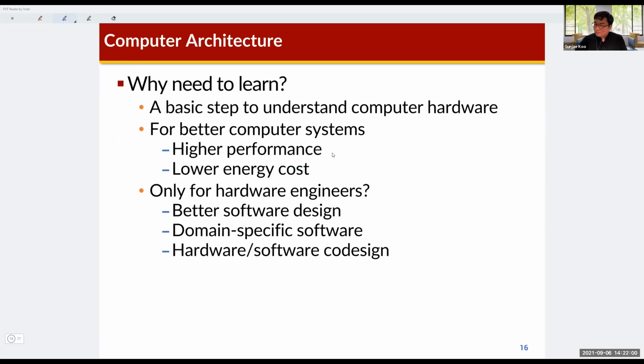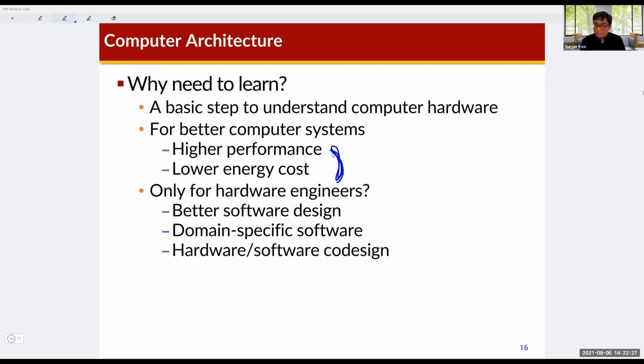And our goal in learning computer engineering or computer science is to build better computer systems, better computer hardware, or better computer software. For this purpose, we need to learn about computer systems.